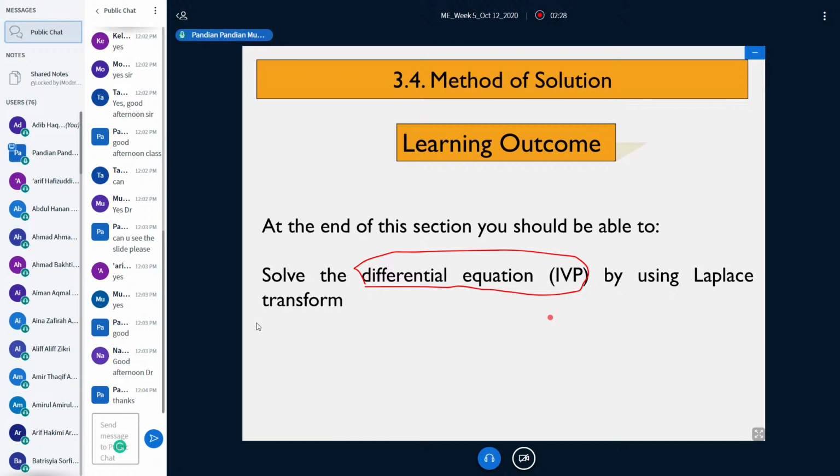In the past, seldom did you see the IVP, initial value problem, where you are given the initial condition. So you left your final answer in the general form with the constant C. Now, that constant C you have to find. This is one of the setbacks of the previous methods. It is not easy to find the constant C directly in your final solution.